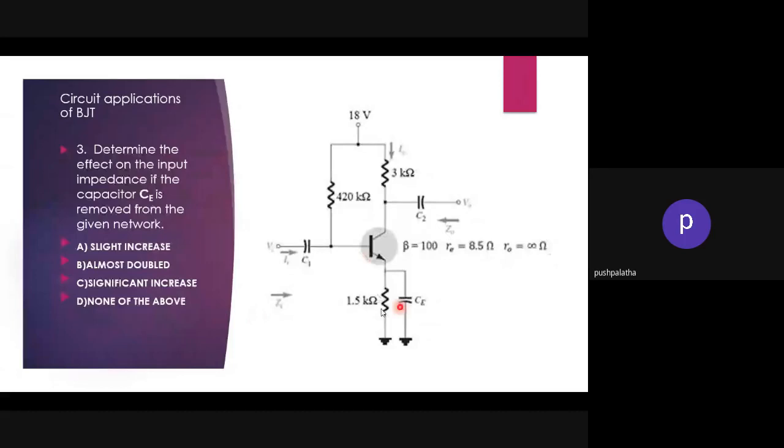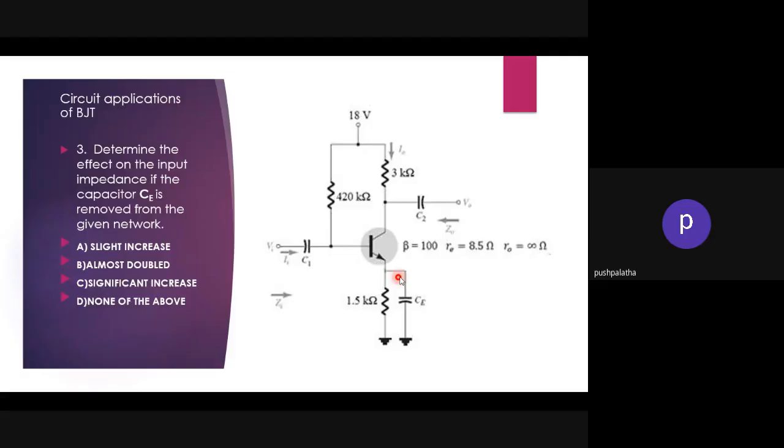First let me start with what happens when I connect this CE. This emitter capacitor, which we connect across the emitter resistor, blocks DC and bypasses AC.